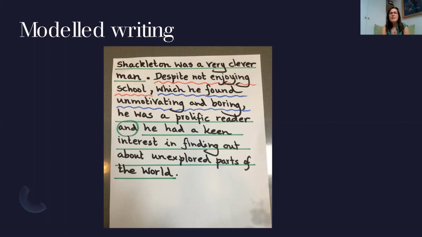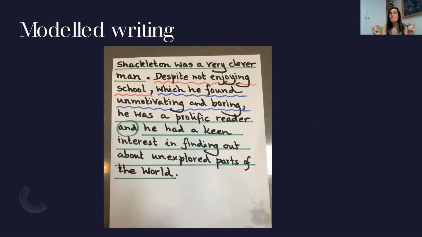So despite not enjoying school, that was my subordinate clause, because Shackleton didn't enjoy school. Now I wanted a relative clause, which he found unmotivating and boring. So I've added in my relative clause now.